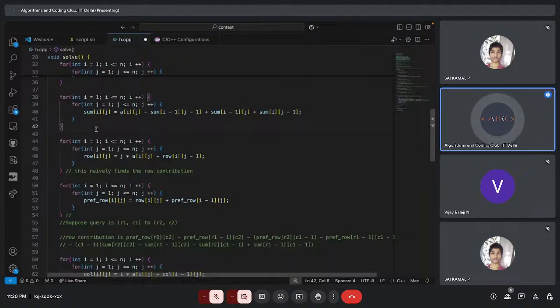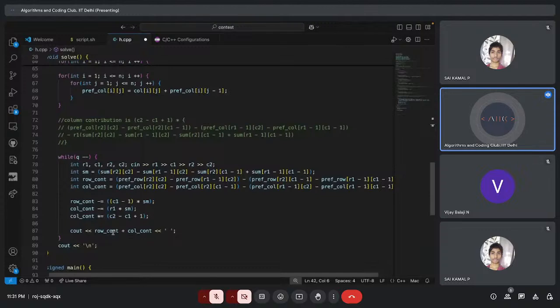The pre-computation was O of n square because each of the for loops iterated from 1 to n. So the total complexity of this problem is O of n square plus q.